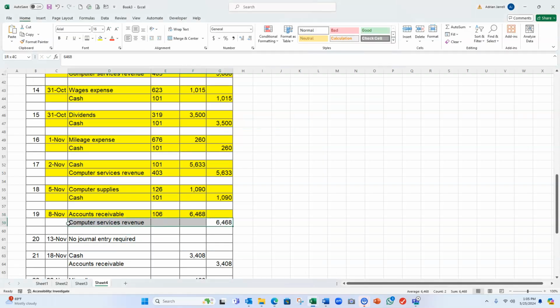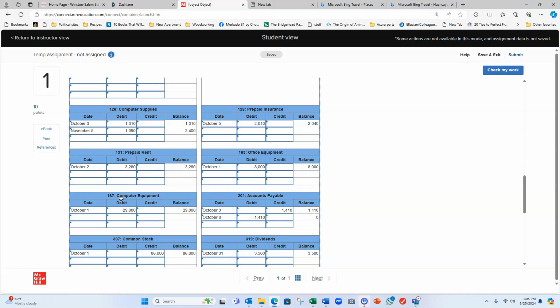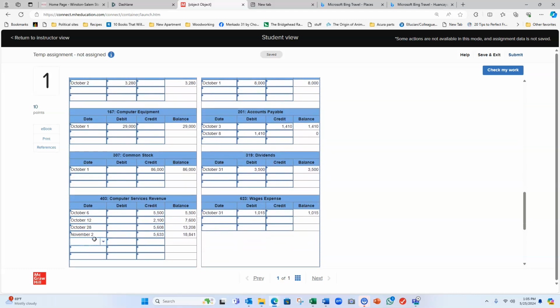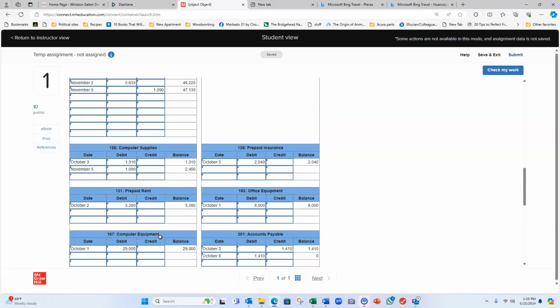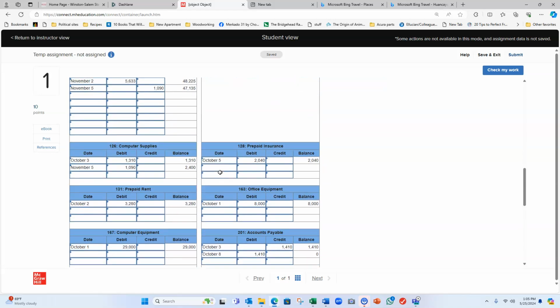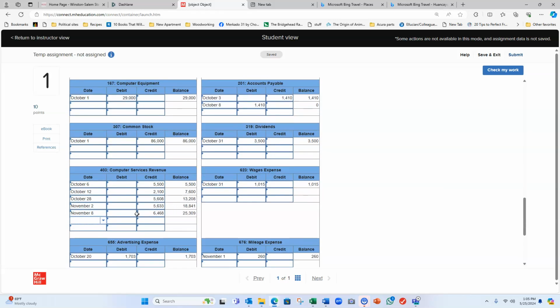Computer services revenue. Let's look at this guy on the 8th, 6,468. November the 8th. So 6,468 credit, 6,468 debit, and this is account number 403.